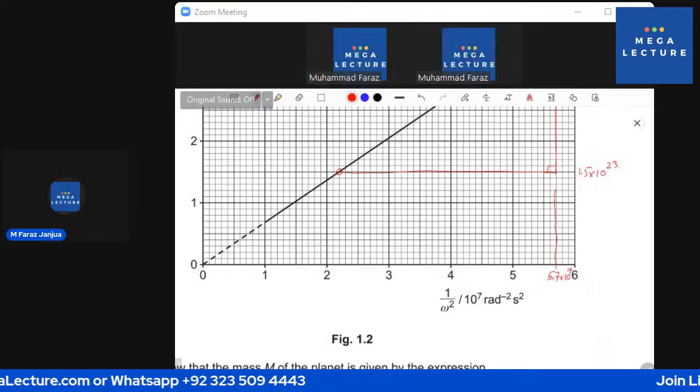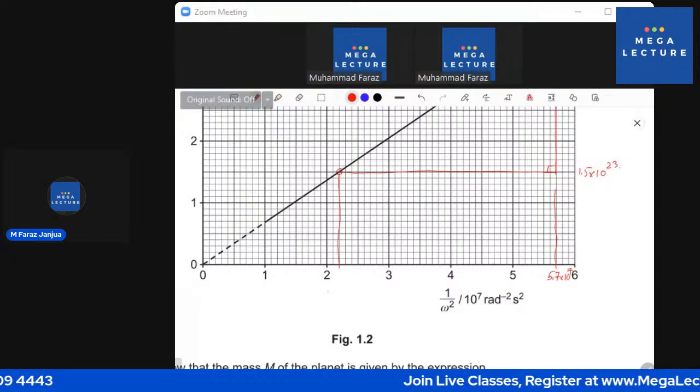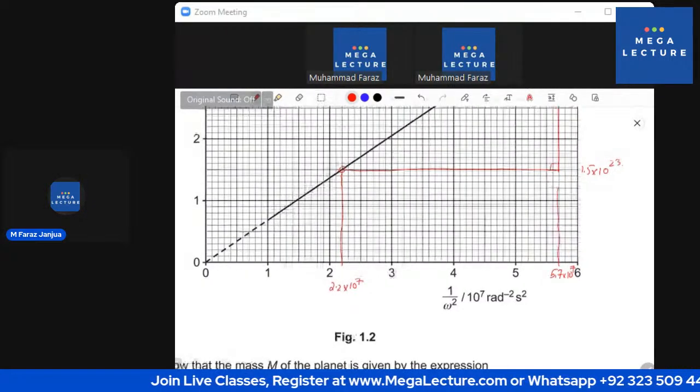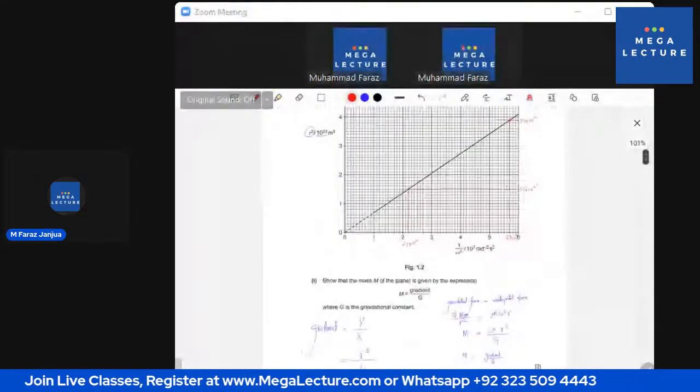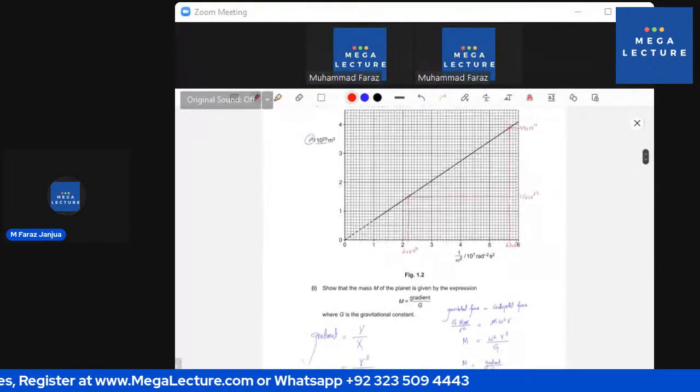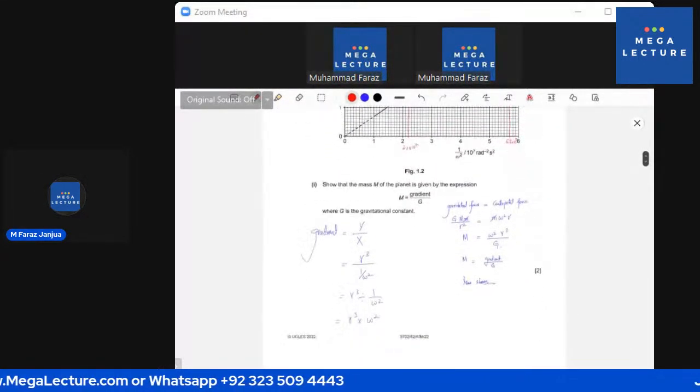And this is 2.2 times 10 to the power 7. So 3.9, 1.5, 5.7, 2.2.